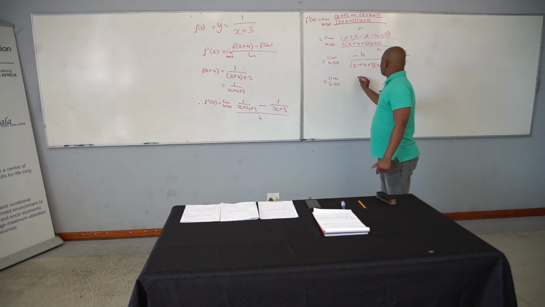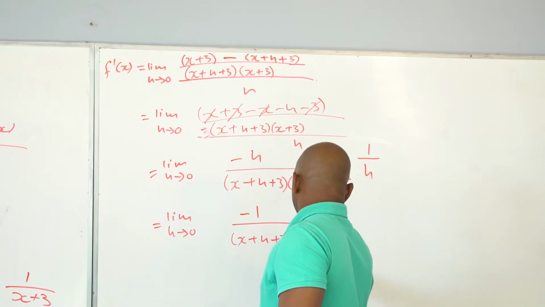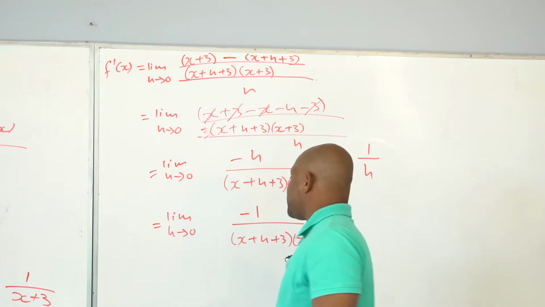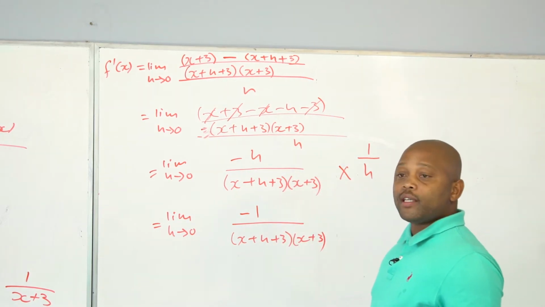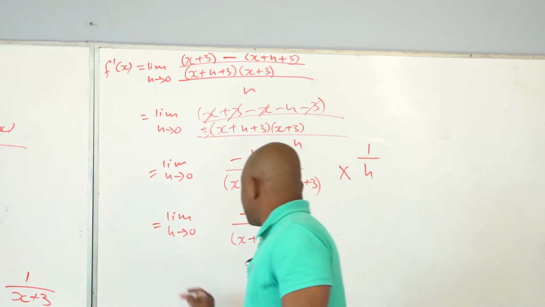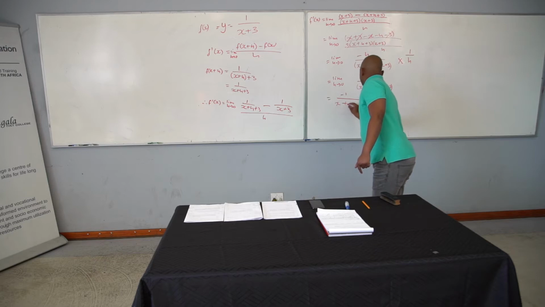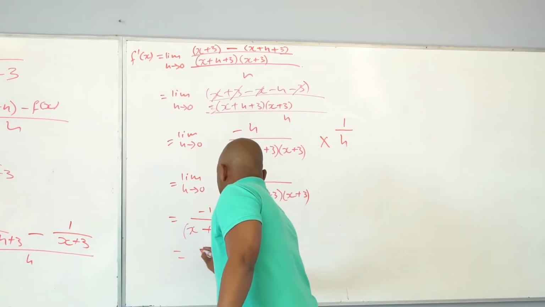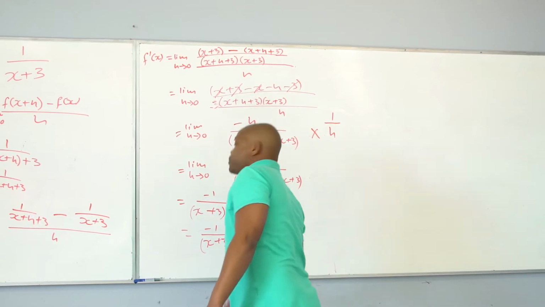So I'm going to be left with minus 1 all over x plus h plus 3, x plus 3. So in the place of h now, I can substitute the value of h, which is 0. So this becomes minus 1 all over x plus 3, x plus 3, which is the same as minus 1 over x plus 3 squared.